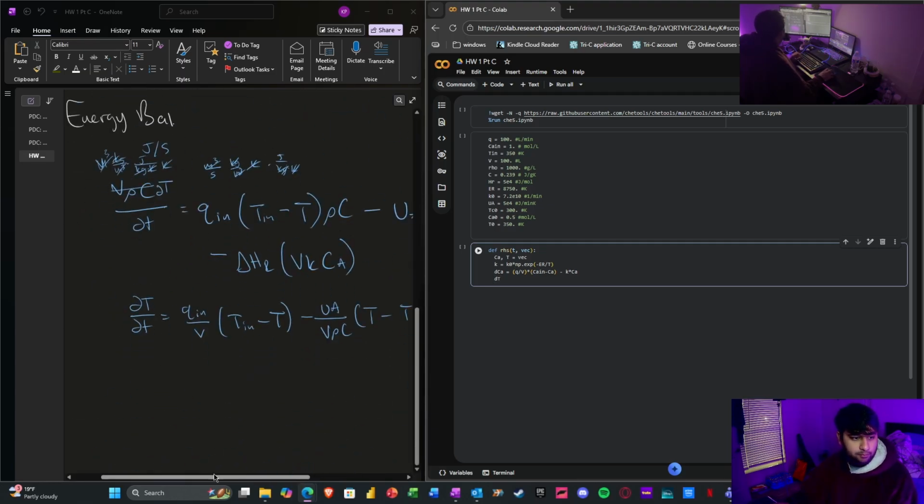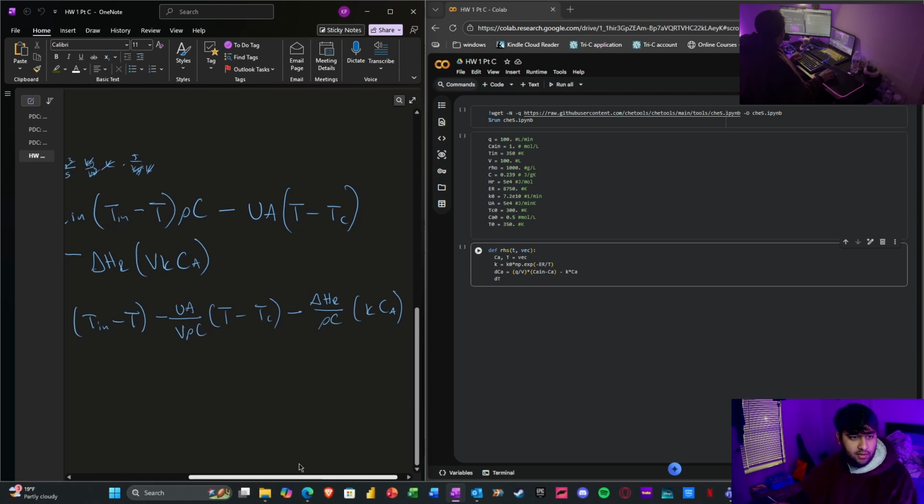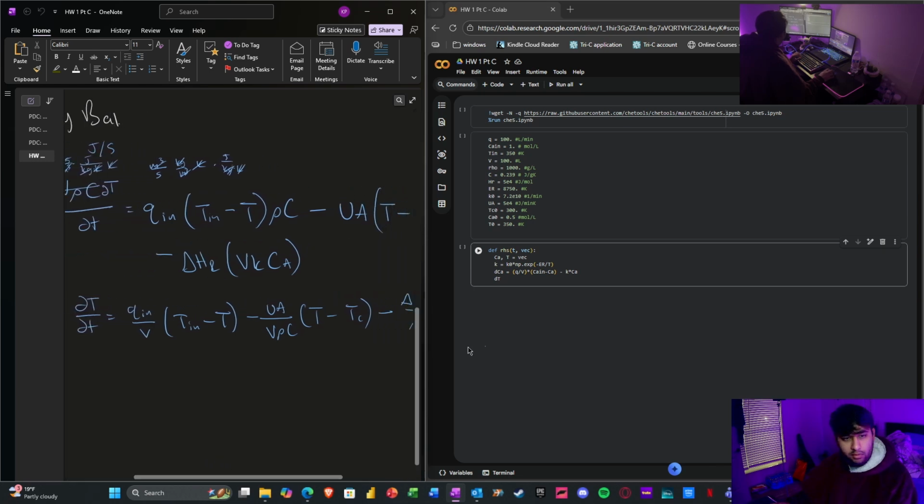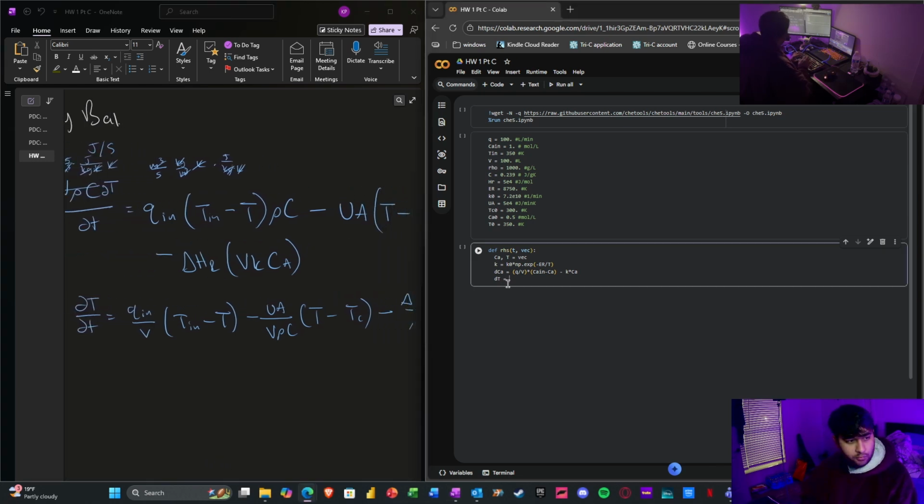And then we're going to do our energy balance as well, which is that whole equation. So we're going to have our Q divided by V, and oh, AI helped us a little bit there. Oh, never mind. No, it did not.